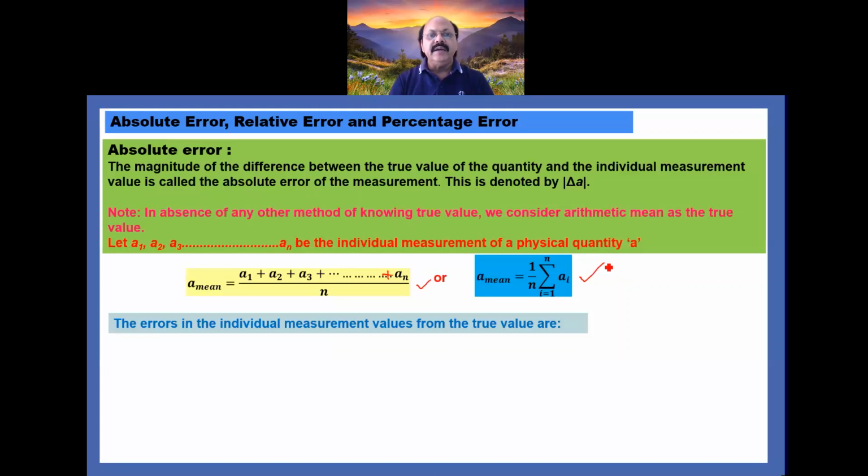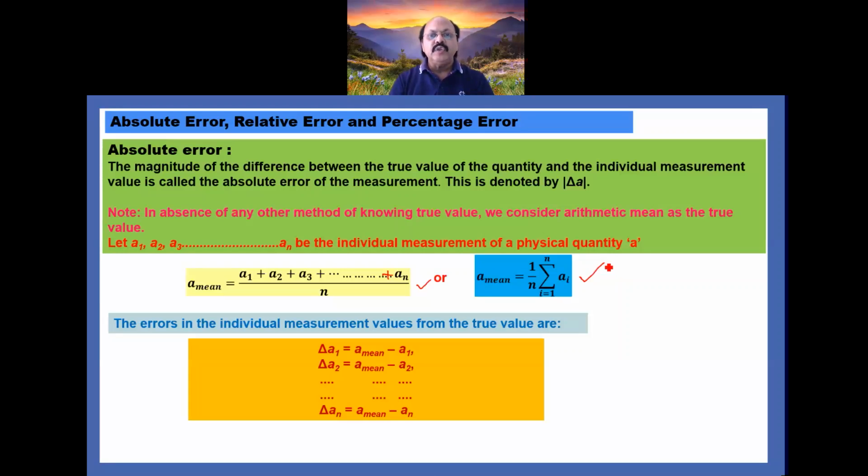Then we find the error in the individual measurement value from this true value. So delta A1 equals A mean minus the individual measurement A1, then delta A2 equals A mean minus A2, and so on, delta AN equals A mean minus AN.